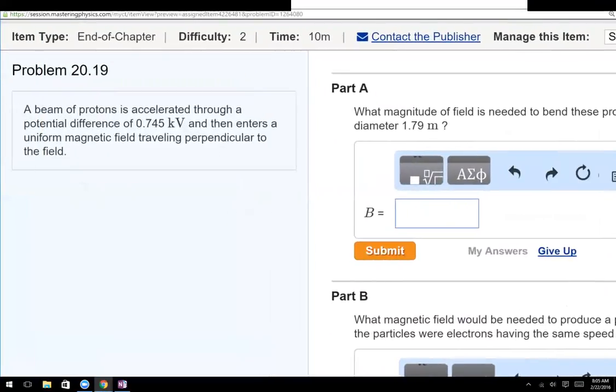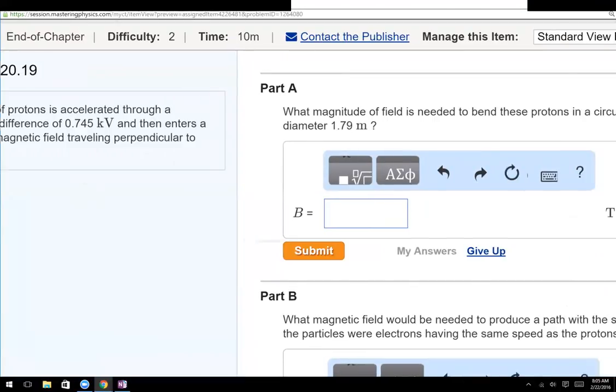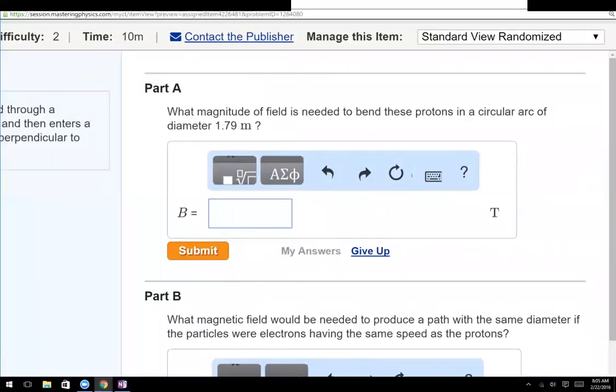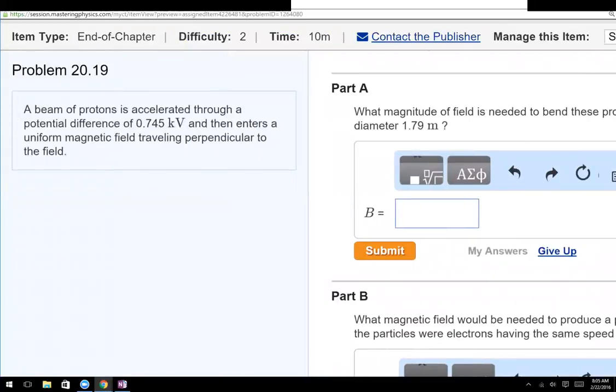So you've got a beam of protons accelerated through a potential difference of that many kilovolts and enters a uniform magnetic field traveling perpendicular to the field. What magnitude of field is needed to bend these protons in a circular arc of that diameter? Okay. We kind of talked about this sort of thing on Friday.